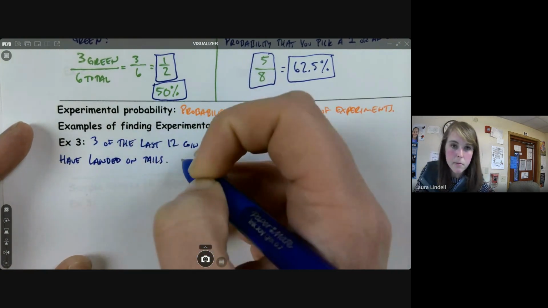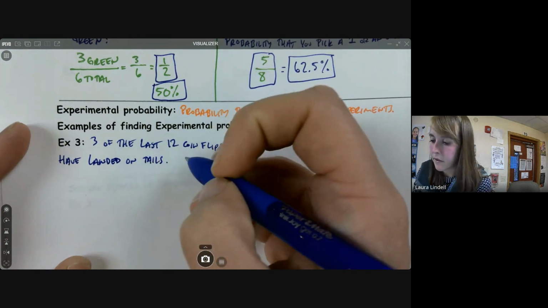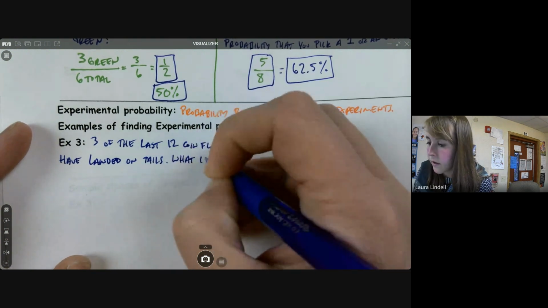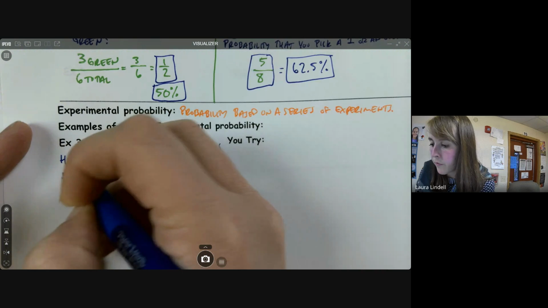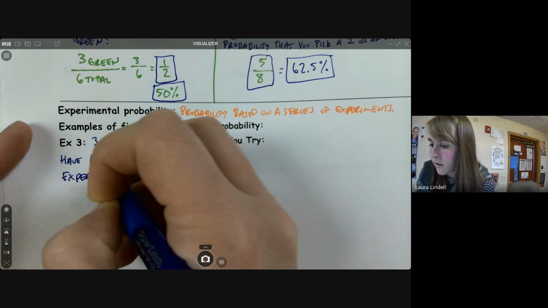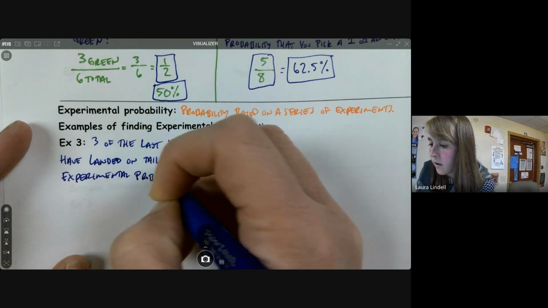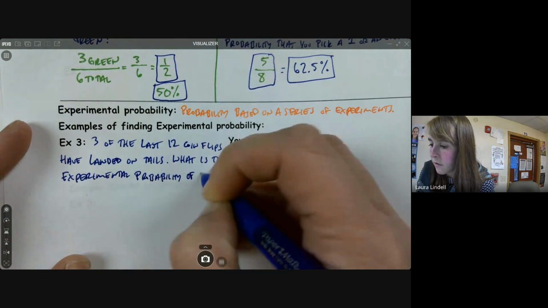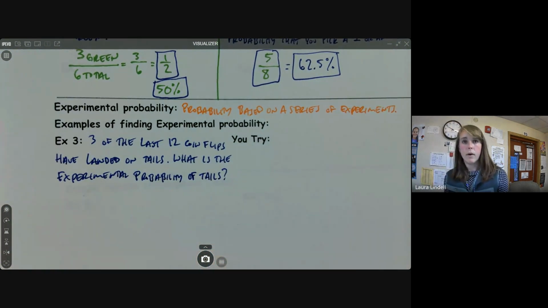What is the experimental probability of tails, of landing on tails? All right, well, it's hopefully pretty simple, right?